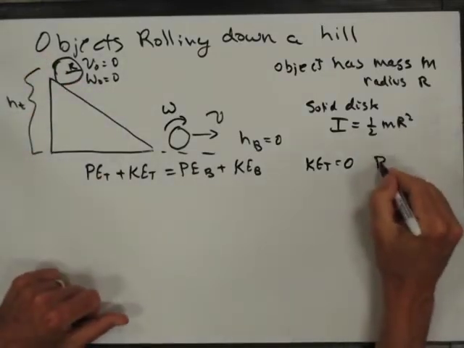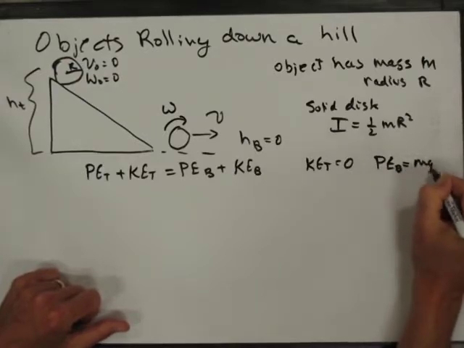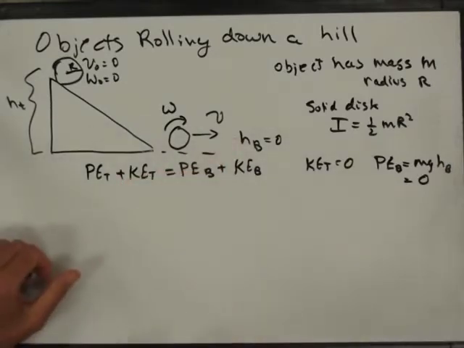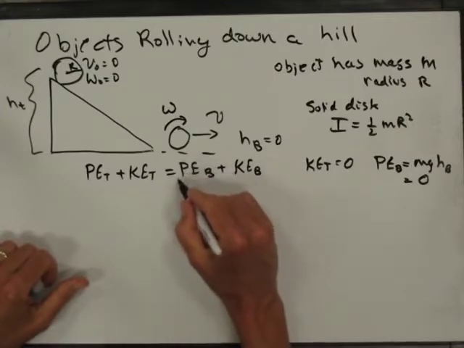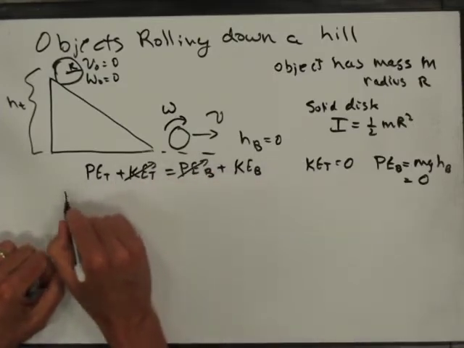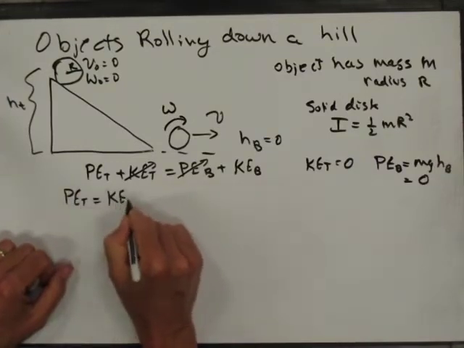And the potential energy at the bottom, which is just mg h bottom, is 0 because that's where we chose the height to be 0. And so that cancels this guy and this guy, and just like before, the potential energy at the top is equal to the kinetic energy at the bottom.